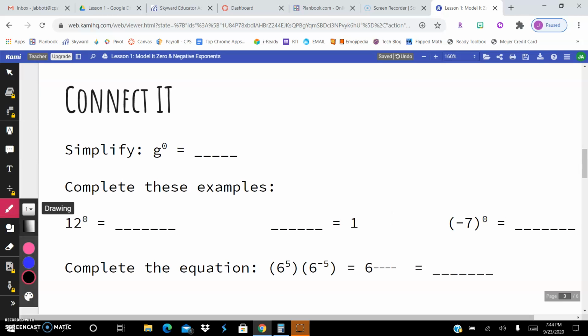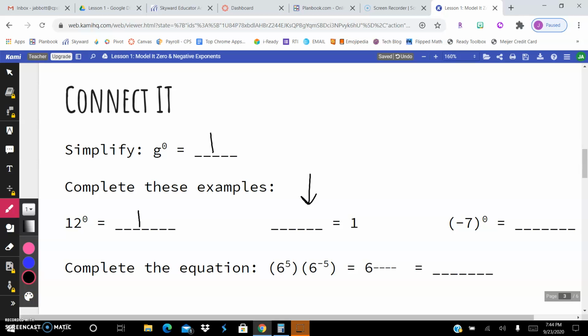So simplify g to the 0 power. 1. Complete these examples. 12 to the 0 power. 1. Exponent 0. The answer is always 1. So over here, the middle problem, the answer is 1. We have to come up with our own problem. So it does not matter what we pick.